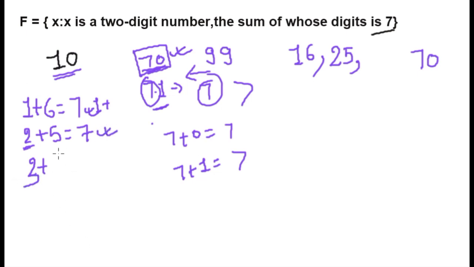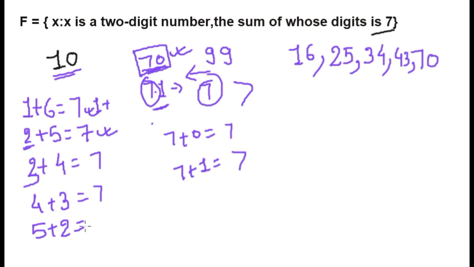3 plus 4 is equal to 7. So our next number is 34. 4 plus 3 is equal to 7. So our next number is 43. 5 plus 2 is equal to 7. So our next number is 52. 6 plus 1 is equal to 7.